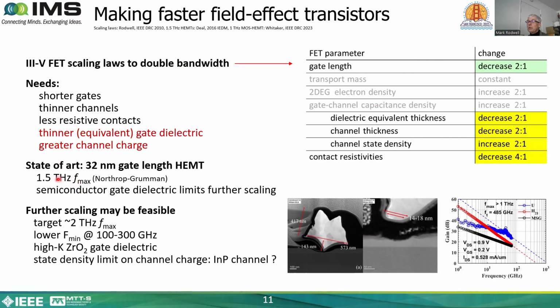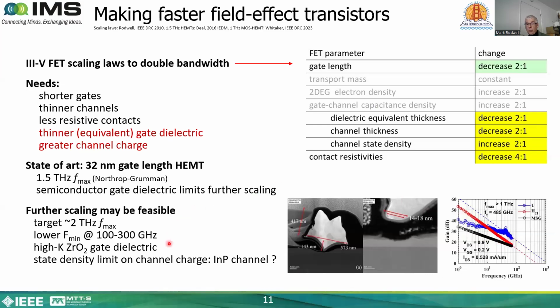As I've mentioned, the Northrop Grumman team has a 1.5 terahertz Fmax. My group has developed transistors where we've addressed one of those scaling limits, the gate insulator scaling limit, by replacing the semiconductor barrier with a high-K gate dielectric, ZrO2. And we've obtained decent, though not state-of-the-art, results doing this.